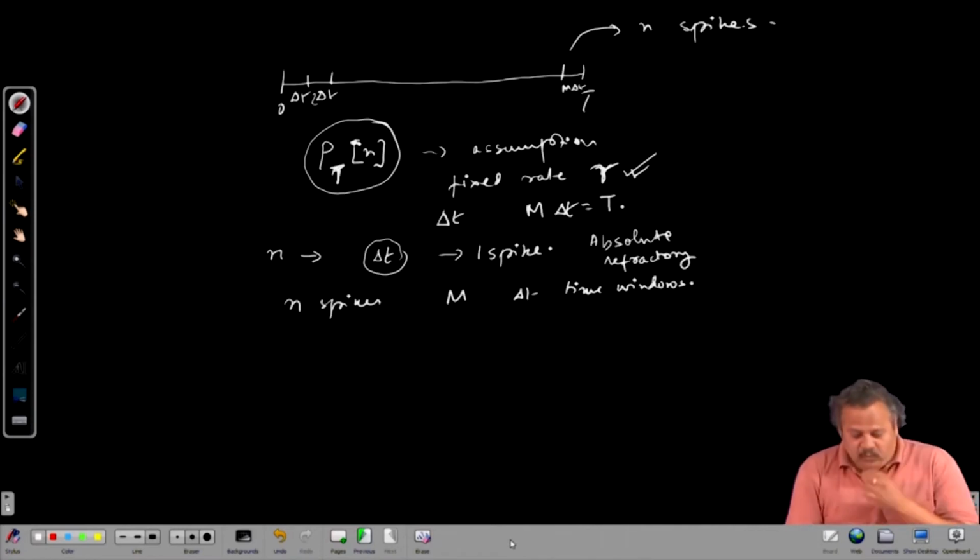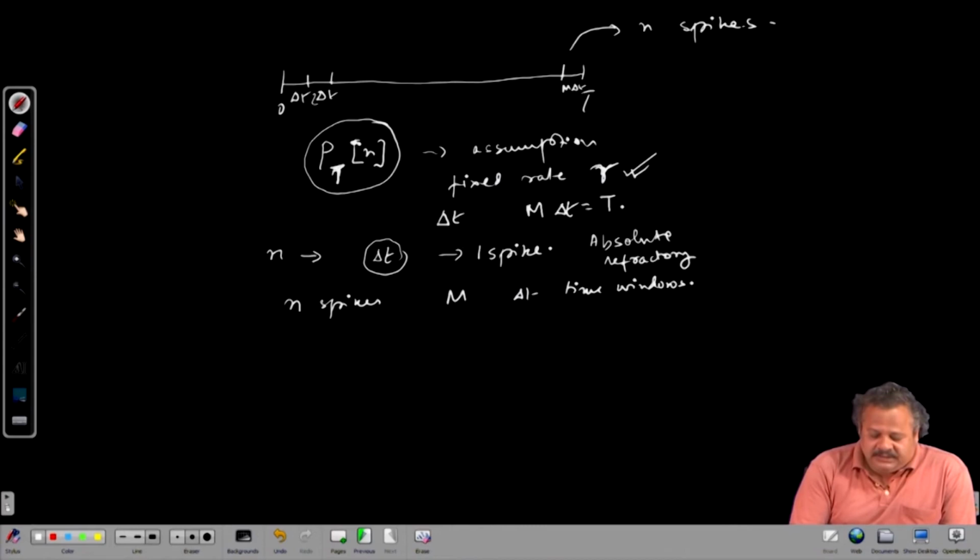The way in which we can put in the n spikes is by choosing those n bins, and the probability of observing spikes in those n bins is simply (R delta T) to the power n, because they are independent.